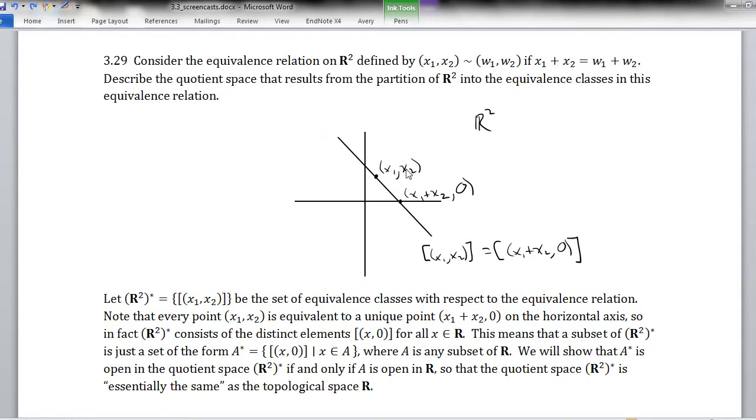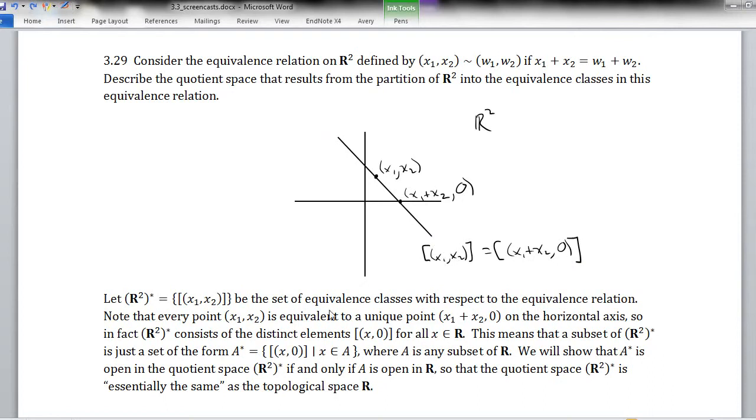And you'll notice that every such line crosses the horizontal axis in exactly 1 point, in particular the point x1 plus x2, 0. And so you could represent that equivalence class either as the equivalence class of the original point or the equivalence class of this new point on the x-axis. Because anything equivalent to this point is going to be equivalent to that point too, and vice versa. So we're breaking up the plane into all these diagonal lines.